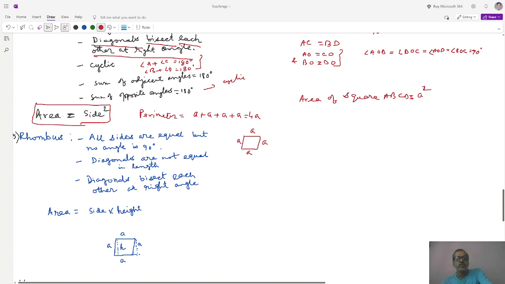So diagonals are not equal. As the angles are not equal, the diagonals are not equal. In rhombus ABCD, diagonal AC is not equal to diagonal BD, but sides are equal.